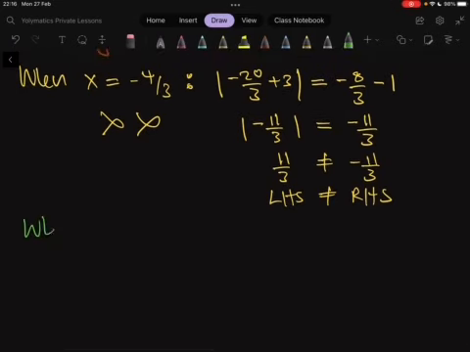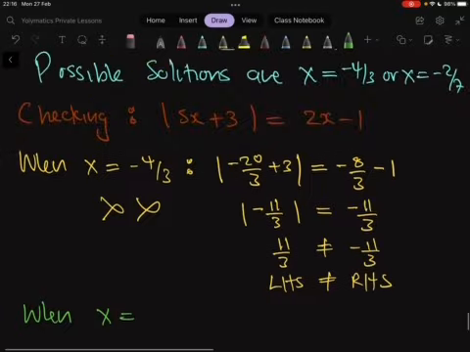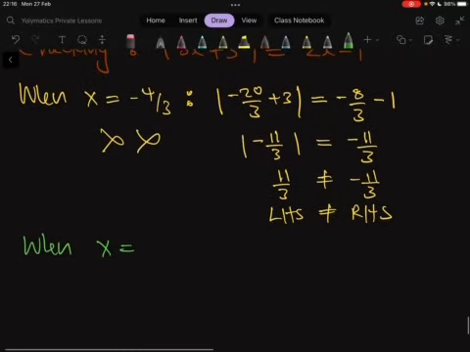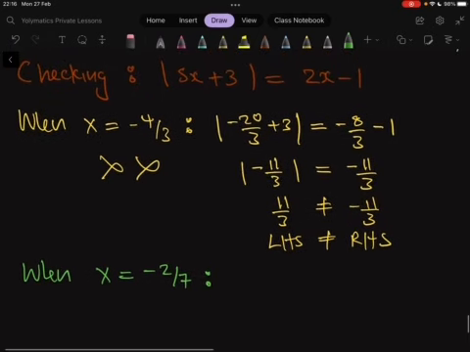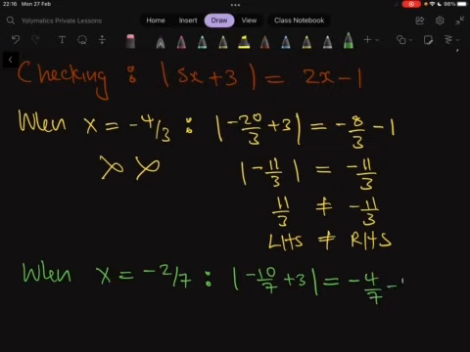So we say when x is negative 2 over 7, what happens now? When x is negative 2 over 7, we put negative 2 over 7 on the left, which will give us negative 10 over 7 plus 3, equal to, on the right, negative 4 over 7 minus 1.